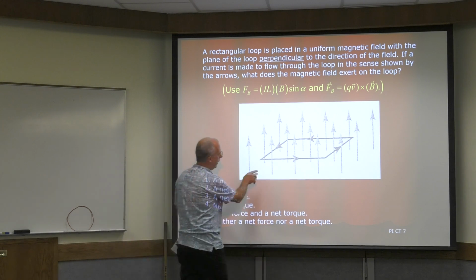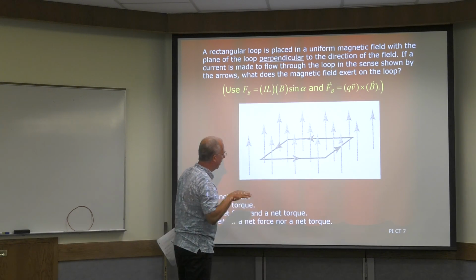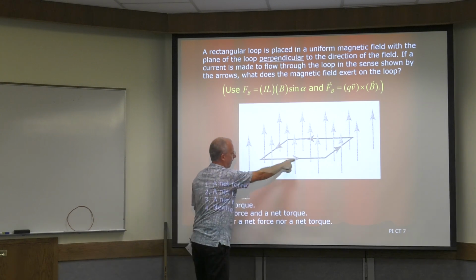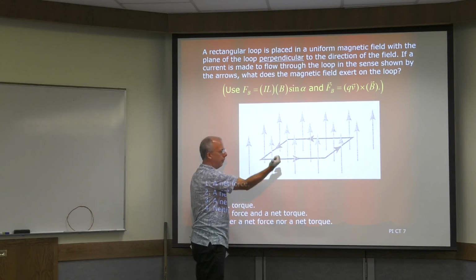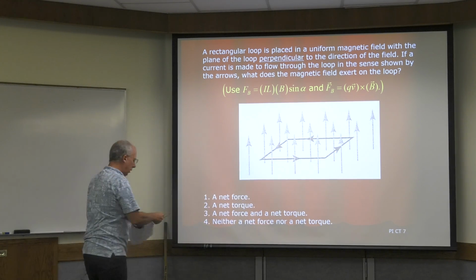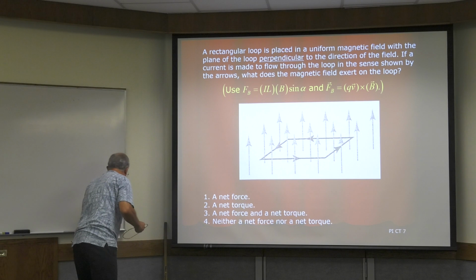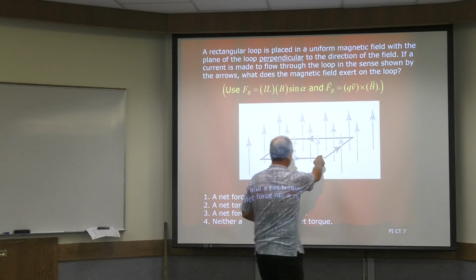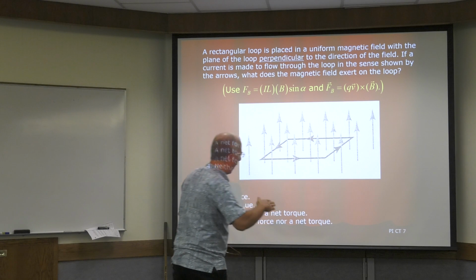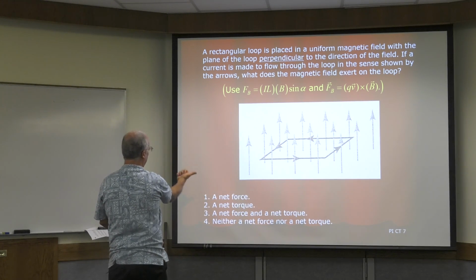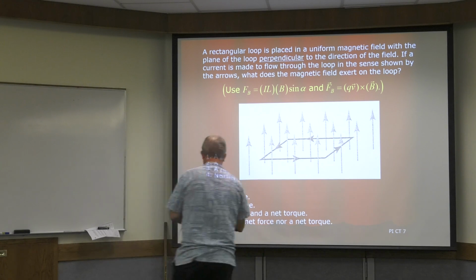Okay, so IL cross B, the force is going to be this way, right? Here, IL is into the board. B field is up. Of course, the force is going to be that way, right?